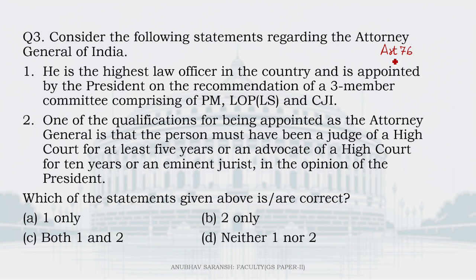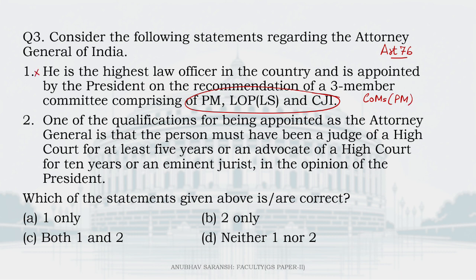I would request all of you to read the article on your own as well. You would find that, yes, he is the highest law officer, we know that, but the appointment which is done by the President is not on the recommendation of any committee. It is simply on the recommendation of the Council of Ministers headed by the Prime Minister, the usual way things are done. So 1 is wrong.